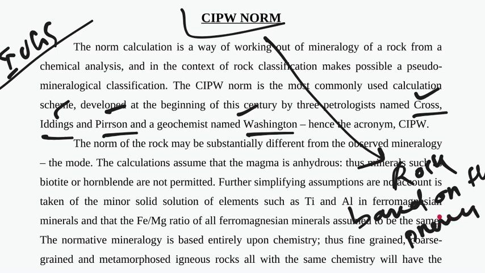Okay, which oxides are available in that rock, that is calculated based on the CIPW norm. Okay, in case of this CIPW norm, what happens? The CIPW norm assumes that the magmas are anhydrous.